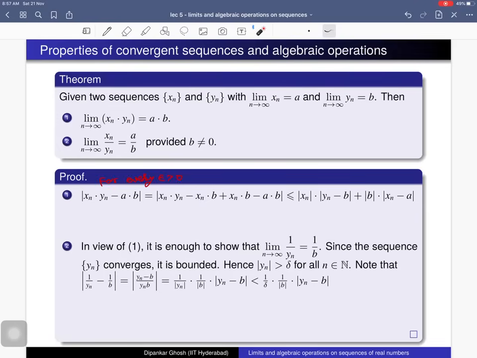To prove that, we use one fact: since xn is convergent, this sequence xn is bounded. That means there exist some real numbers g and capital G such that all the terms lie in this range.